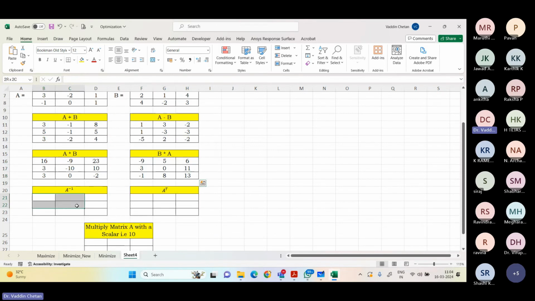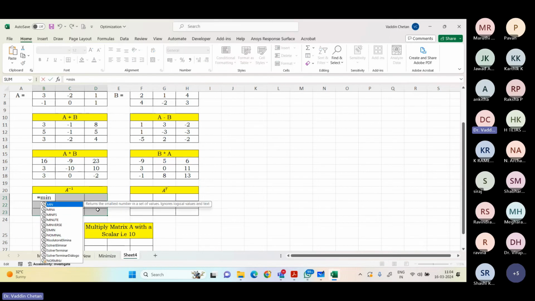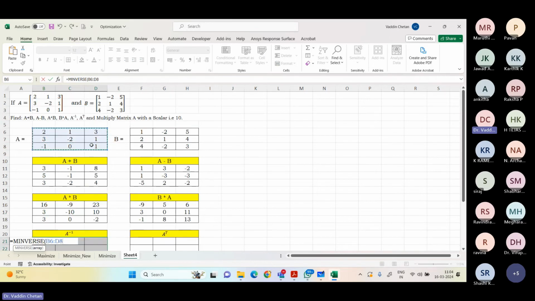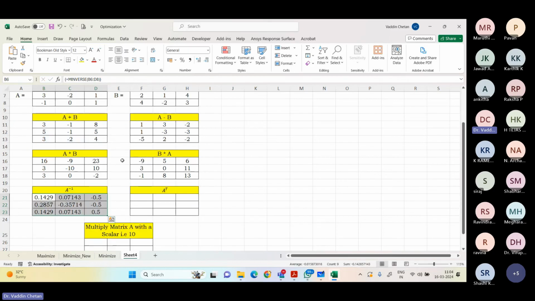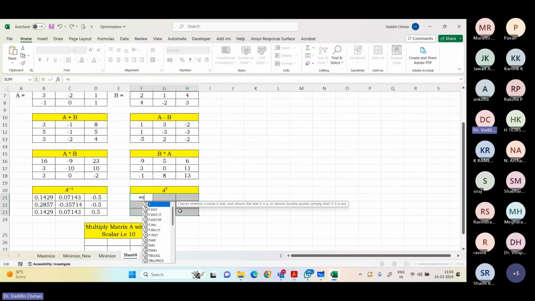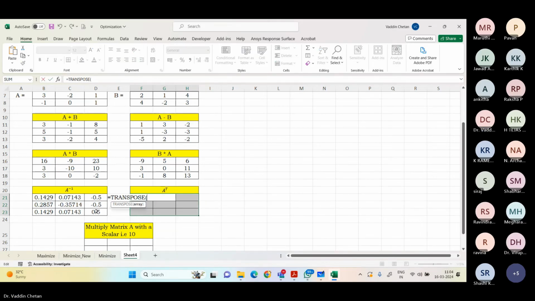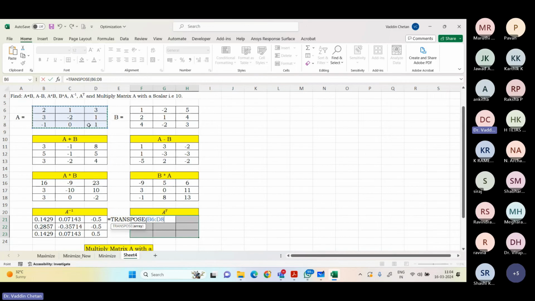Similarly, inverting the matrix is also very easy. We have one function called MINVERSE. Select matrix A, close, Control Shift Enter. You got the inverse of the matrix. And for transpose also, we have one function called TRANSPOSE. Select an array, close it, Control Shift Enter. You got a transposed matrix.